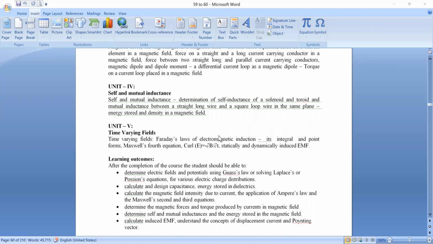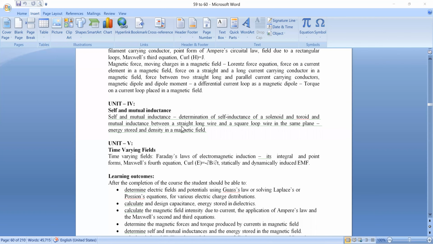From the final examination point of view, among these 5 laws, compulsorily any 2 of the laws will come into the examination, and also the Maxwell equations: first, second, third, and fourth. From these 4 equations, any one equation will come into the examination.